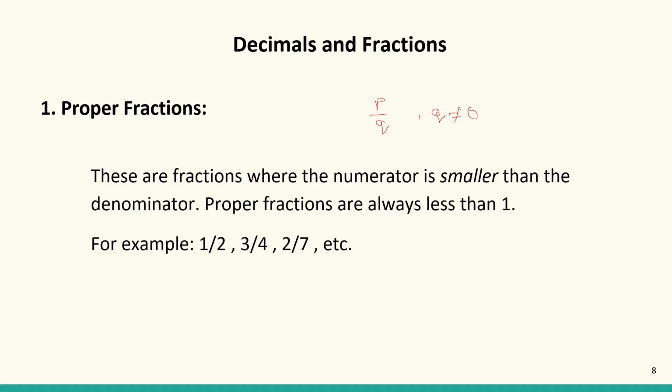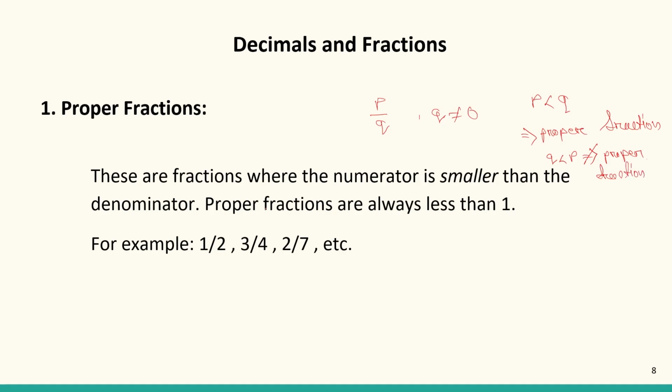So the fraction where the numerator is smaller than the denominator: if p is less than q, this implies that this is a proper fraction. And if q is less than p, this is not a proper fraction.